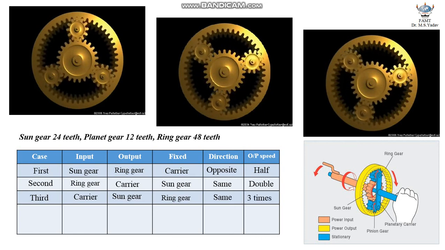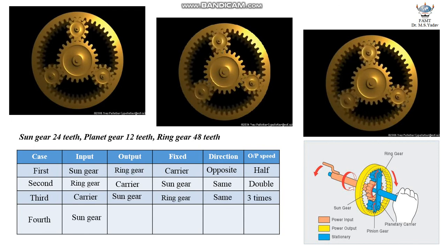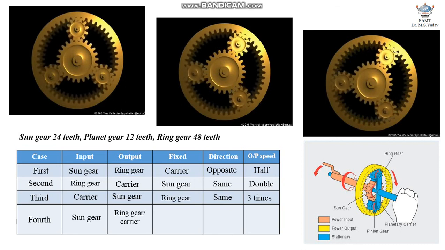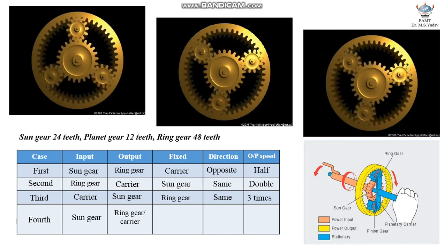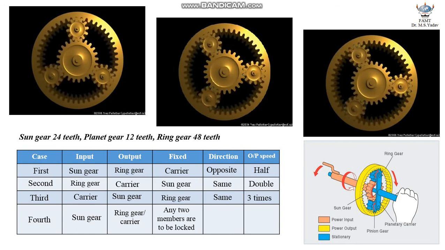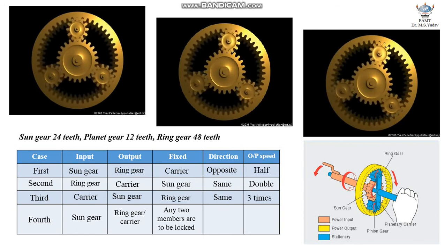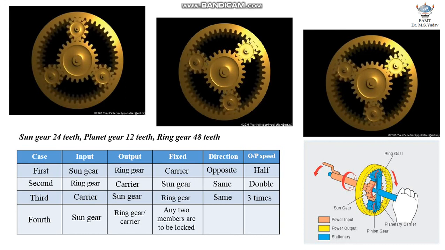However, input motion will be given to the sun gear and output will be taken either from ring gear or carrier. In this condition, any two members are to be locked with each other. That is, ring gear and planet carrier are to be locked, or sun gear and planet carrier are to be locked with each other.